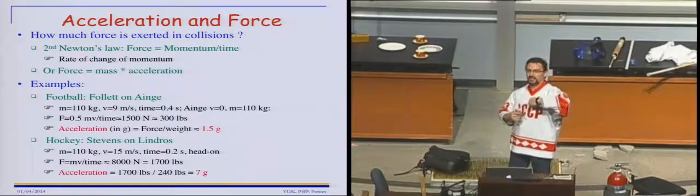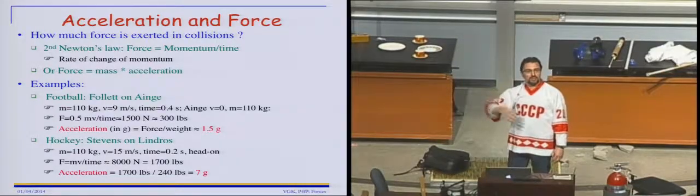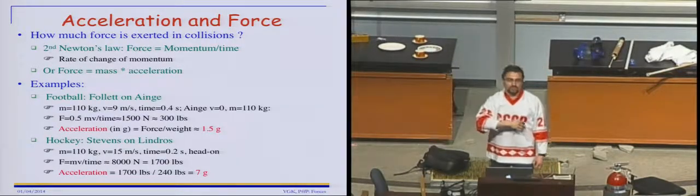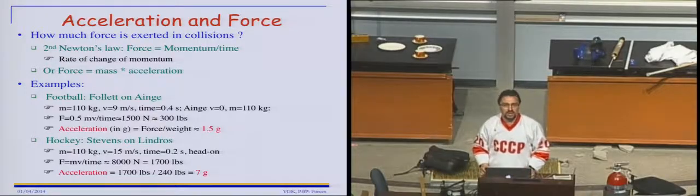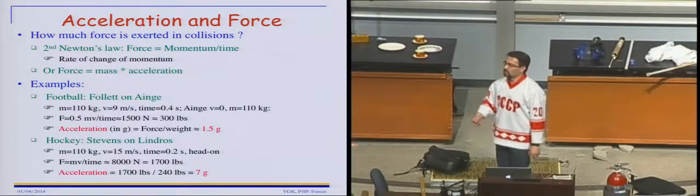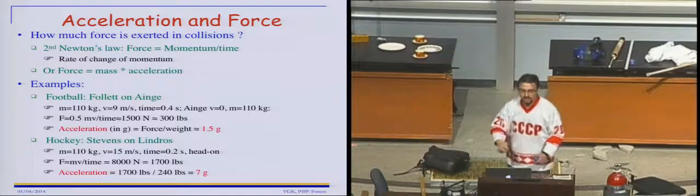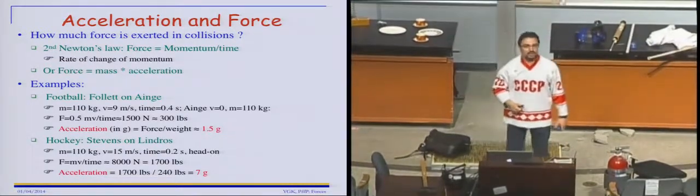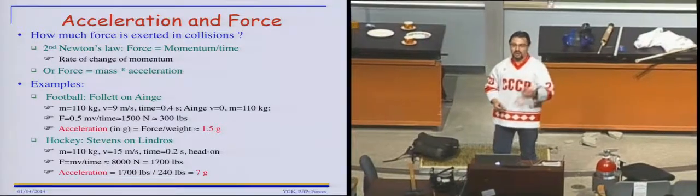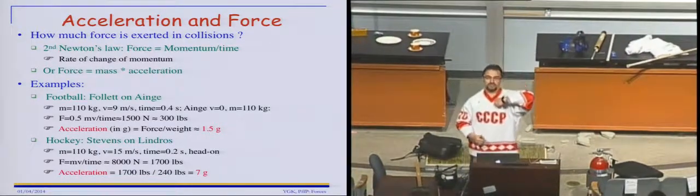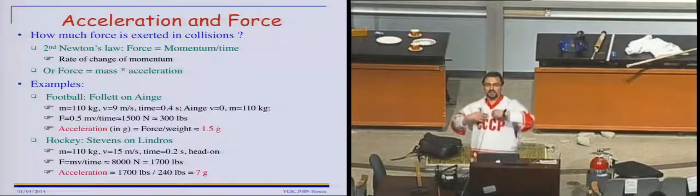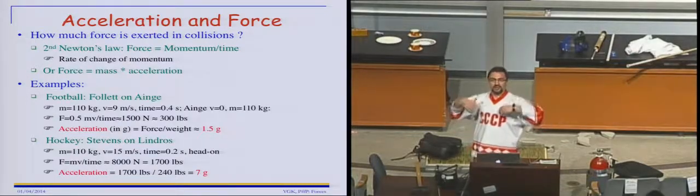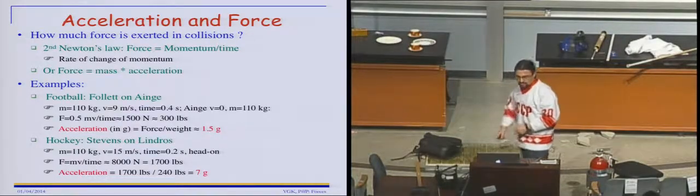If the impact is applied to the head, acceleration can be 10 times larger. 70 g or so is definitely enough to knock a person out, which is exactly what happened in that collision. That's, again, one of the reasons that football, hockey, and other collision sports now outlaw direct impacts to the head, so that whatever impact happens is spread out over the entire body, over the larger mass, reducing the impact.